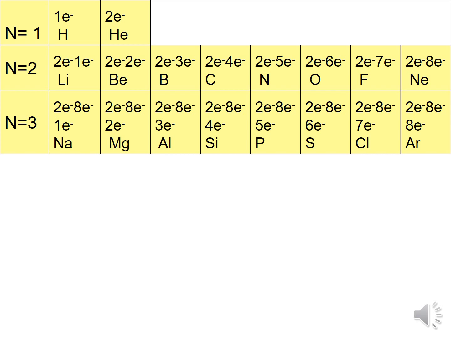Sodium then would be 2, 8, 1, magnesium 2, 8, 2, and so on all the way up to argon 2, 8, 8. Now this is a simplified version of what we learned in Chem 1, 1s2, 2s2, 2p6.